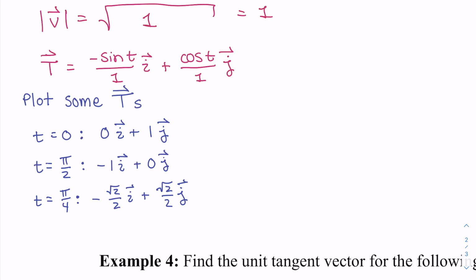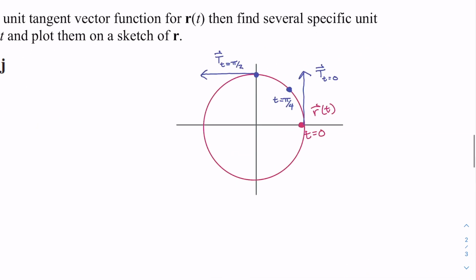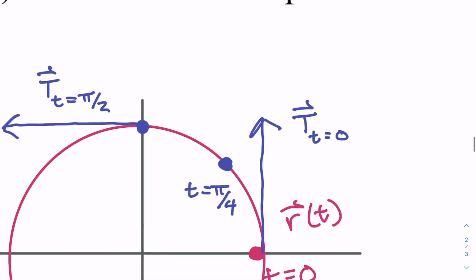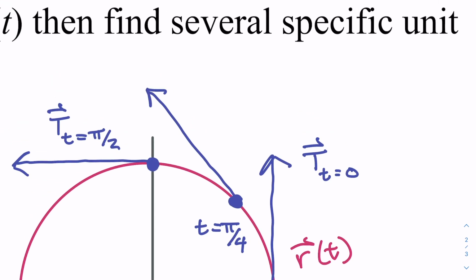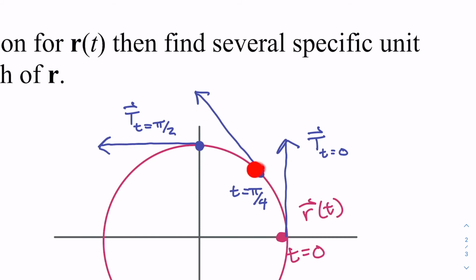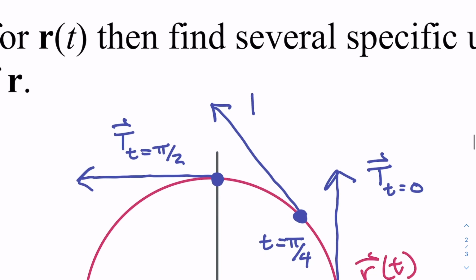So it's pointing negative in the x direction and positive in the y direction. So it looks like that, right? So that's the unit tangent for t equals pi fourths.